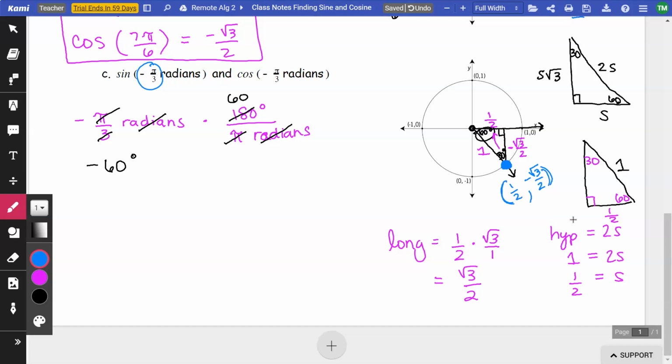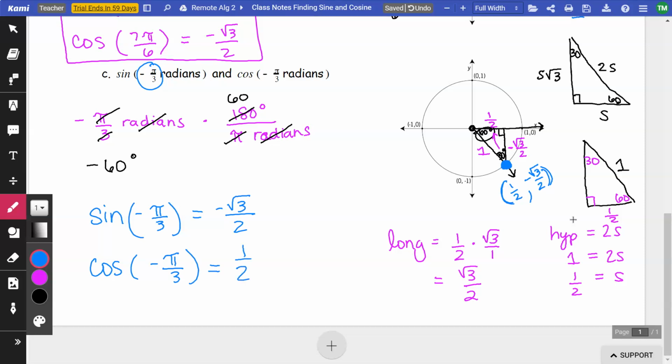Those x and y values didn't change. So the sine of negative pi over 3 is equal to the y value of that point, and the cosine is equal to the x value of that point.